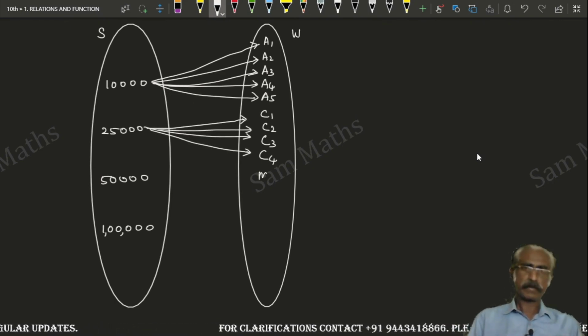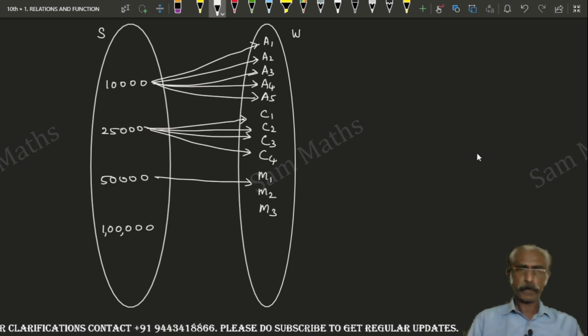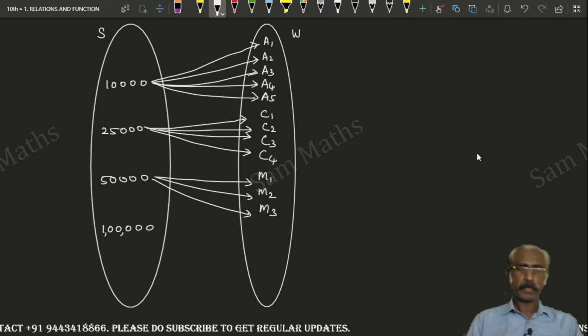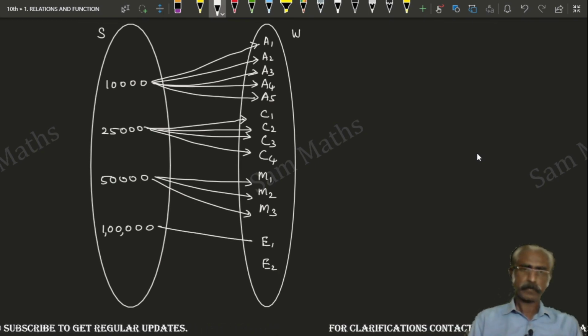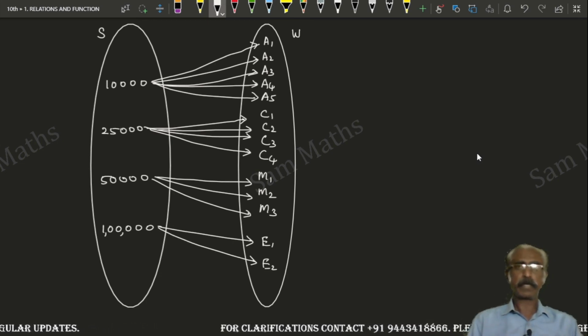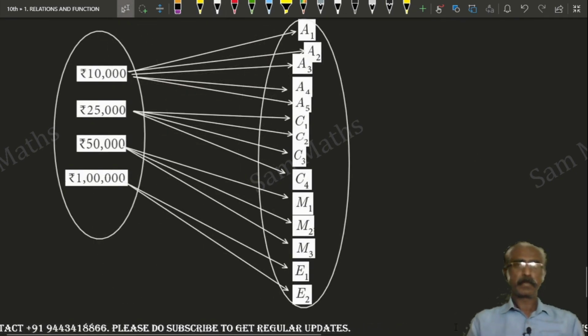Next is managers M1, M2, M3 with 50,000 salary. So 50,000 to M1, M2, M3. 1 lakh salary for 2 executives E1, E2. So with a scale you have to draw the arrows neatly. Clear, children? This is the required arrow diagram.